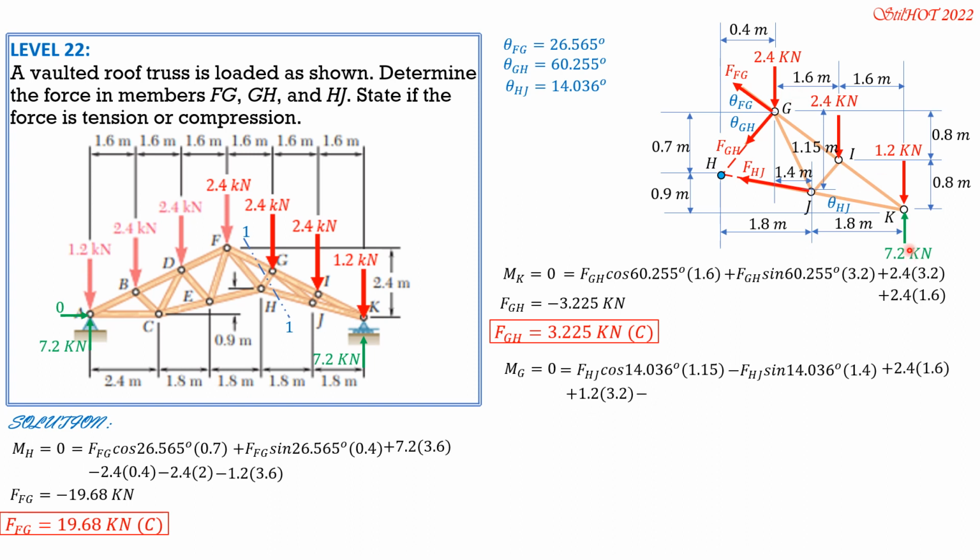Then don't forget minus 7.2 times 3.2. So it's only FHJ that is left in this equation here. So using your calculator, FHJ is positive 19.79 kilonewtons. So therefore it is tension.